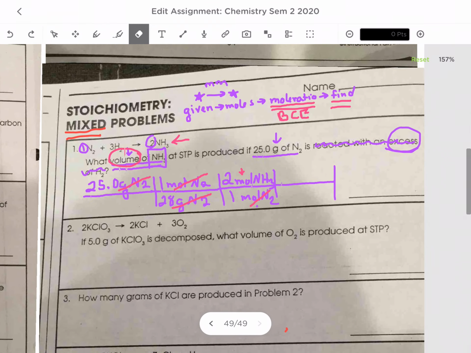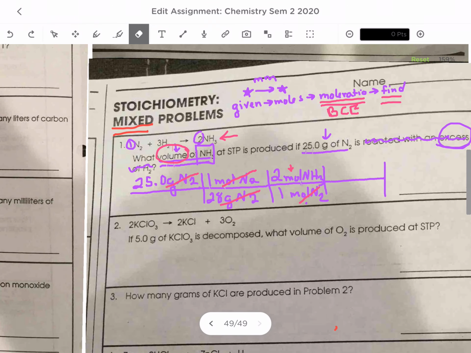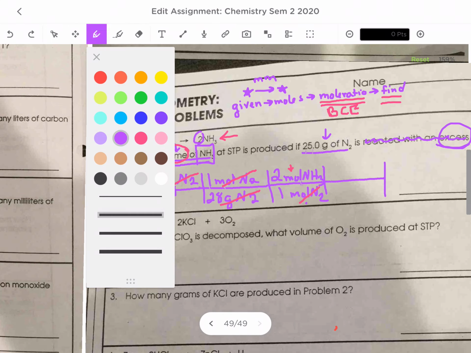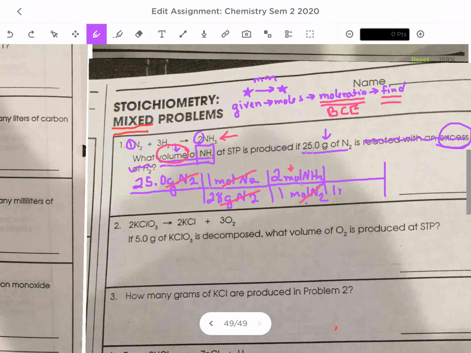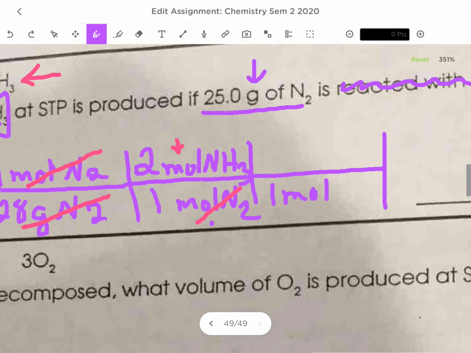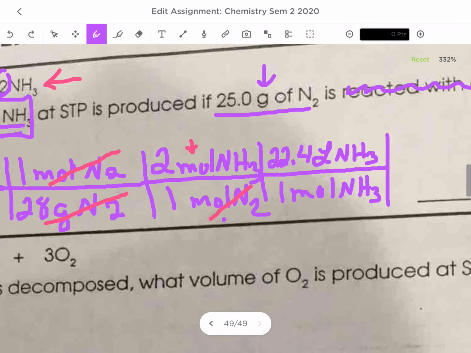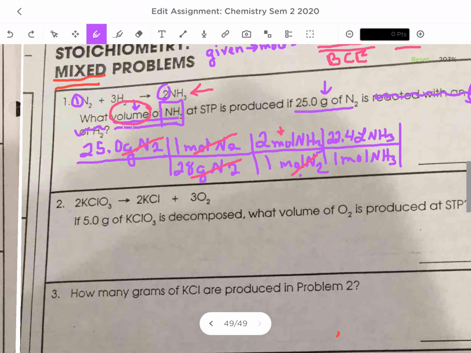So let's go back down here and plug this in. So for every 1 mole of NH3, it's 22.4 liters of NH3. All right, so now we got to do some math.